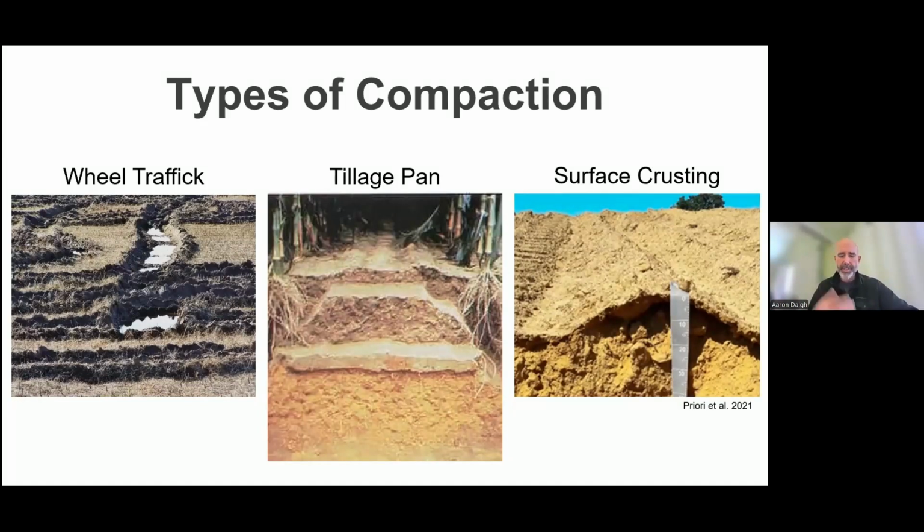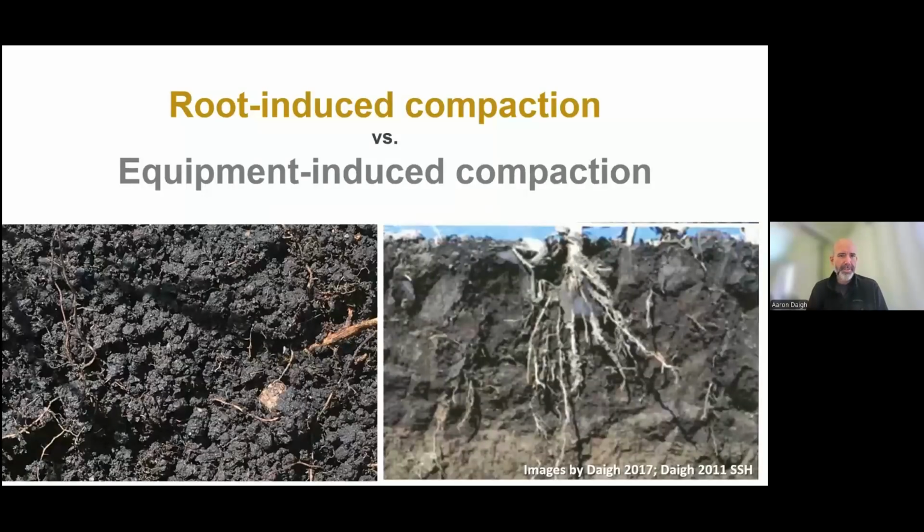So you can get a tendency of compacting soil just below the depth of tillage. And then we have surface crusting. So we've got these different types of compaction that can emerge as we go about field operations in croplands. But there's another type of compaction that I also want to mention.